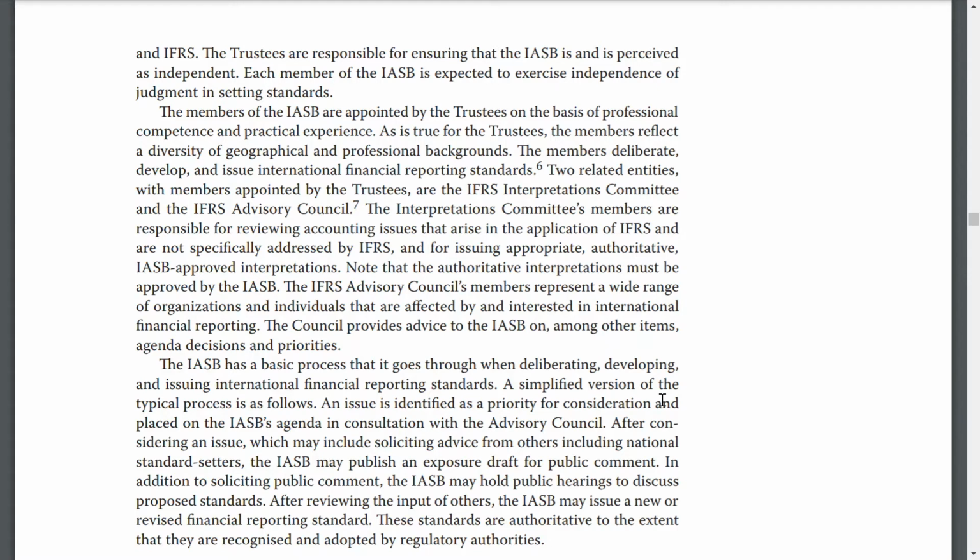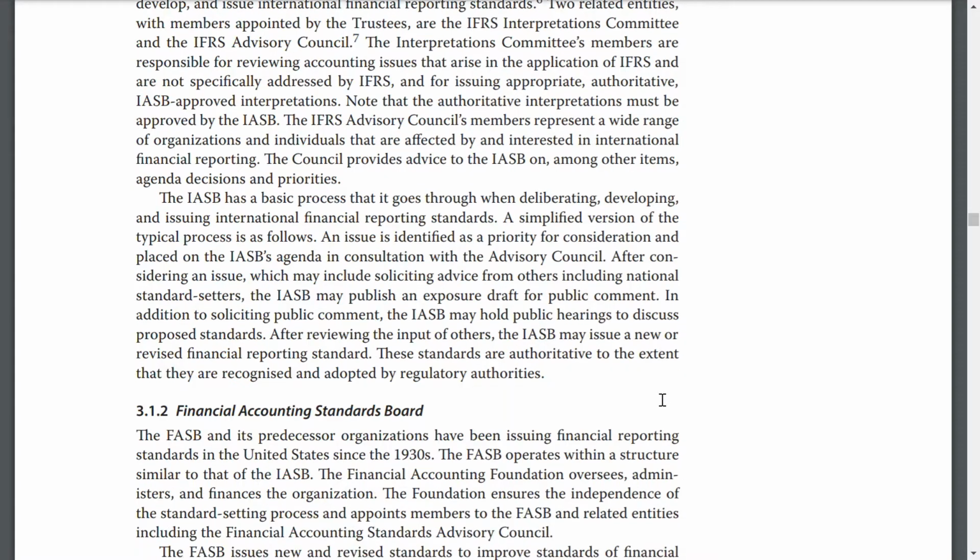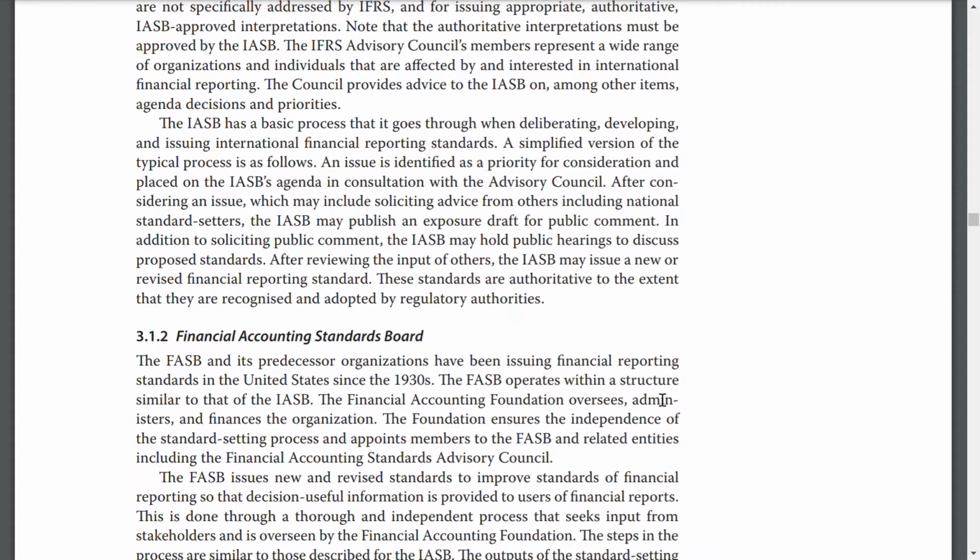The IASB has a process that it goes through when deliberating, developing, and issuing international financial reporting standards. A simplified version of the typical process is as follows. An issue is identified as a priority for consideration and placed on the IASB's agenda in consultation with the Advisory Council. After considering the issue, which may include soliciting advice from others, including national standard setters, the IASB may publish an exposure draft for public comment.